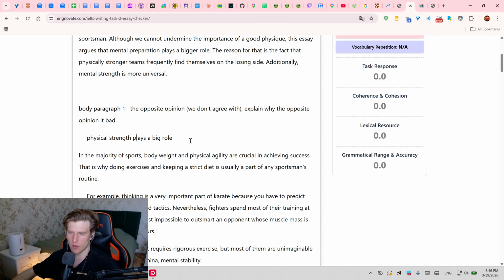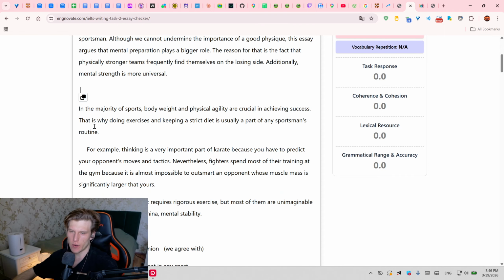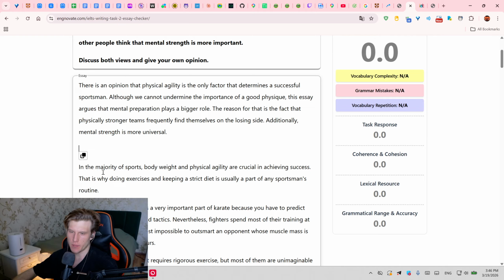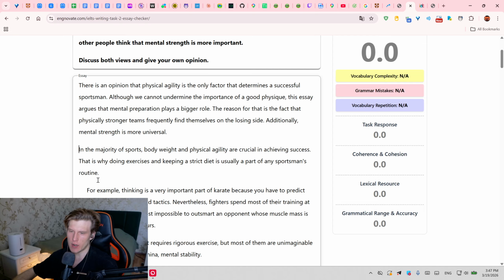Okay, now what we're doing, we're trimming the parts that are bad. And we just start our paragraph. This is the intro. In the majority, body weight and physical agility are crucial in achieving success.